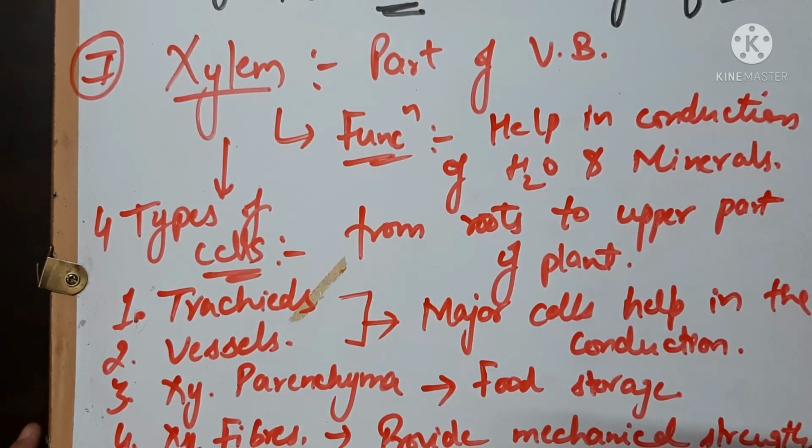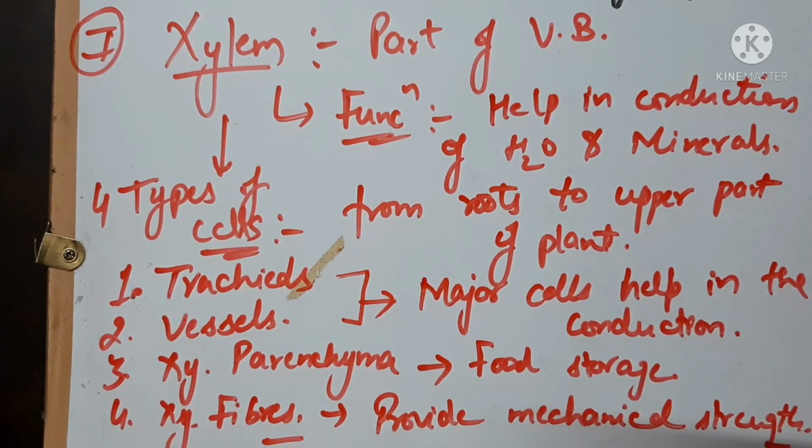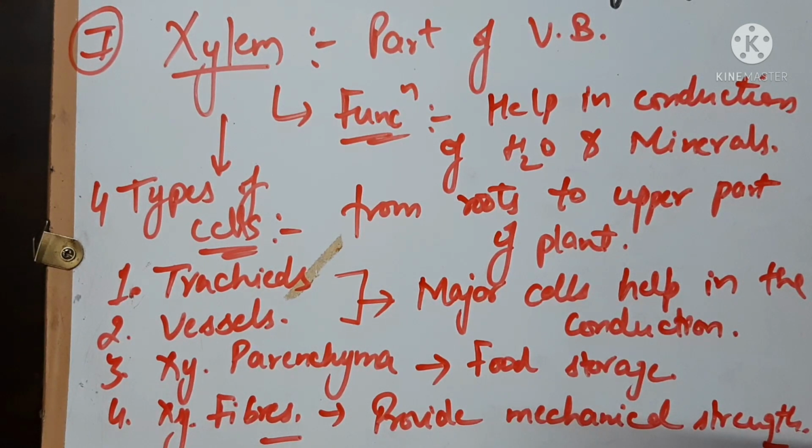So xylem contains 4 types of cells: tracheids, vessels, xylem parenchyma, and xylem fibers. Tracheids and vessels are the major cells which help in the conduction of water and minerals. Xylem parenchyma helps in food storage, and xylem fibers provide mechanical strength to the plant.